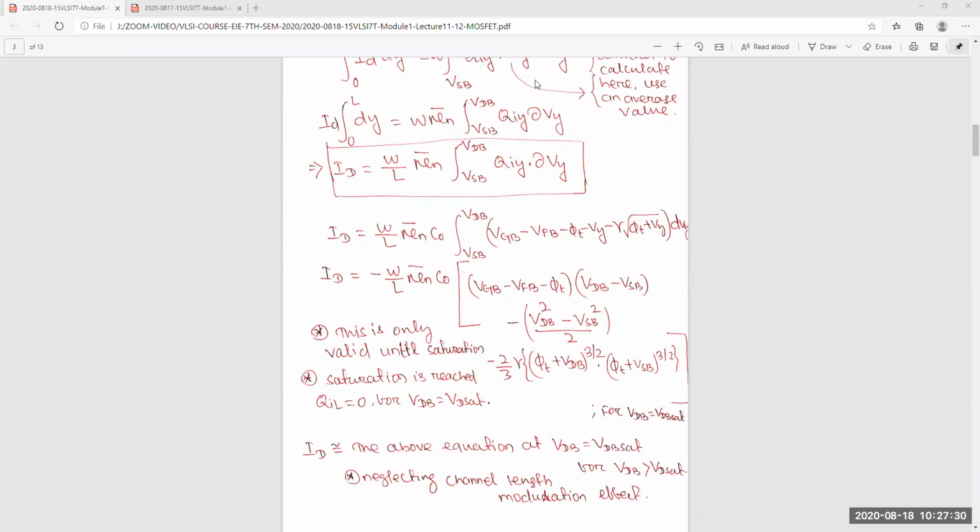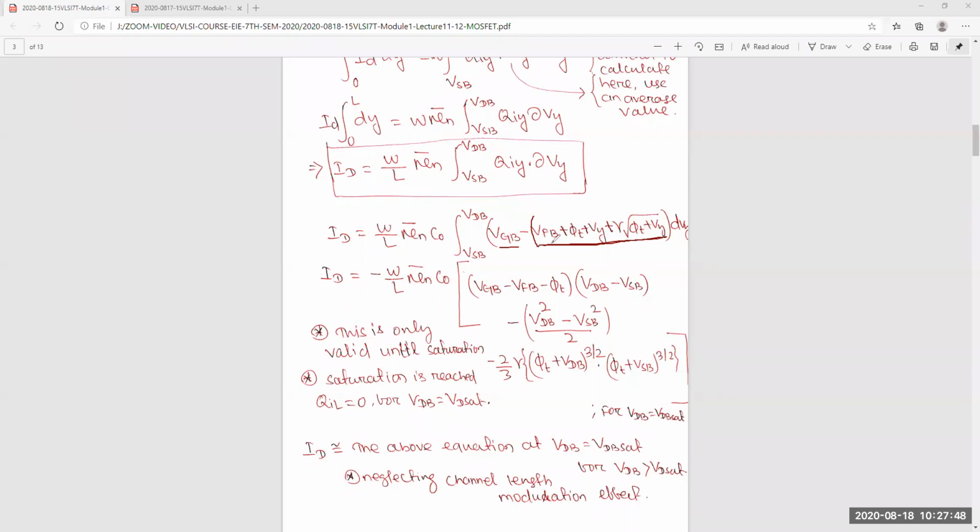So see this thing. This is V_GB, and this part is nothing but V_T(y). If you take the bracket, everything will fall, that plus.